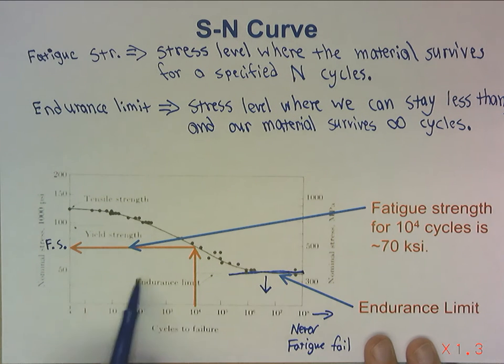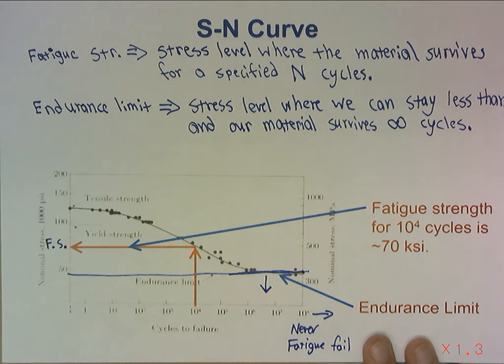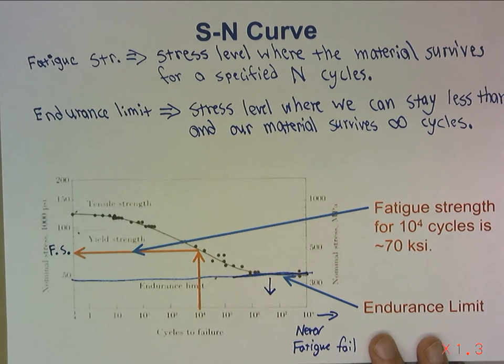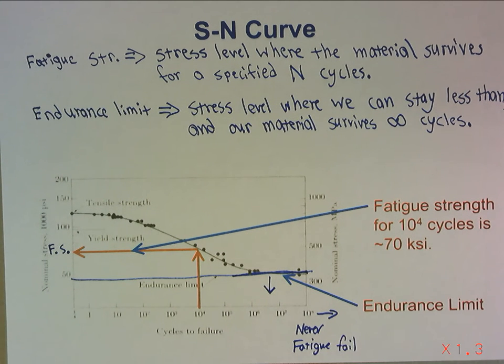Do we design at a stress level down here so that our parts survive for an infinite number of cycles? Or do we pick a fatigue strength where we go, well, it'll only survive for this many cycles and then my part fails, which means my washing machine or my car fails? What do you think?